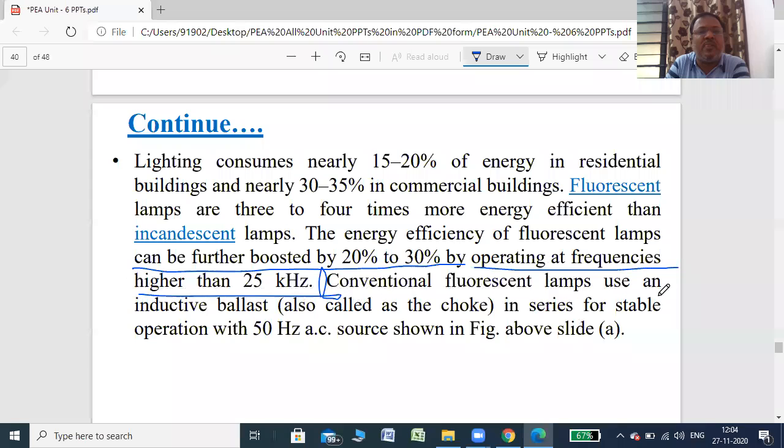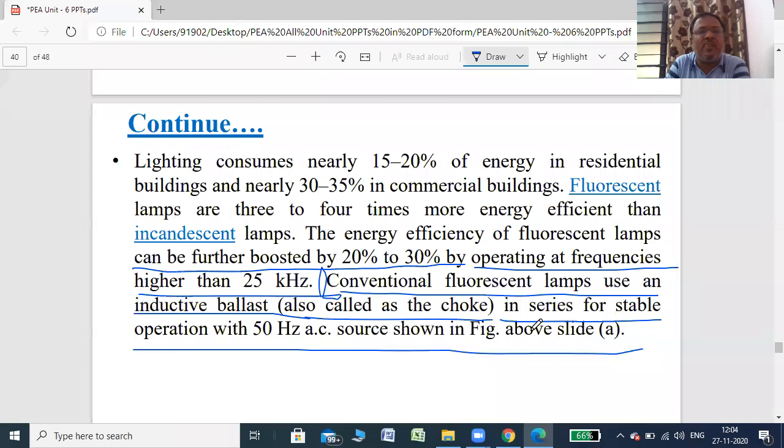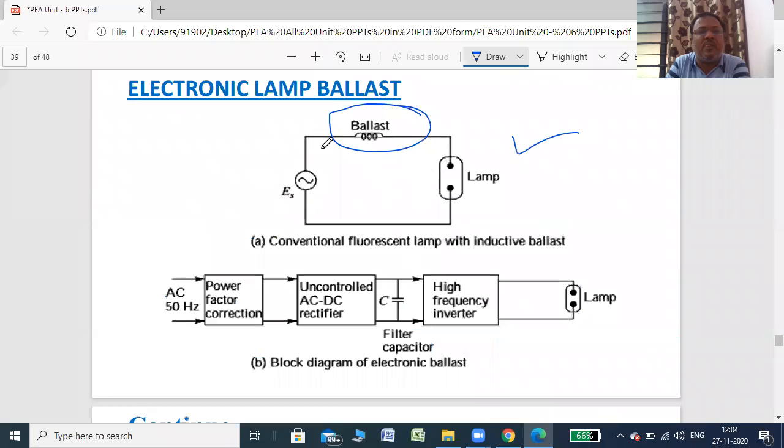Conventional fluorescent lamps use an inductive ballast, also called a choke, in series for stable operation with a 50 hertz source, as shown in the figure, right? So this is our normal conventional fluorescent lamp with inductive ballast.